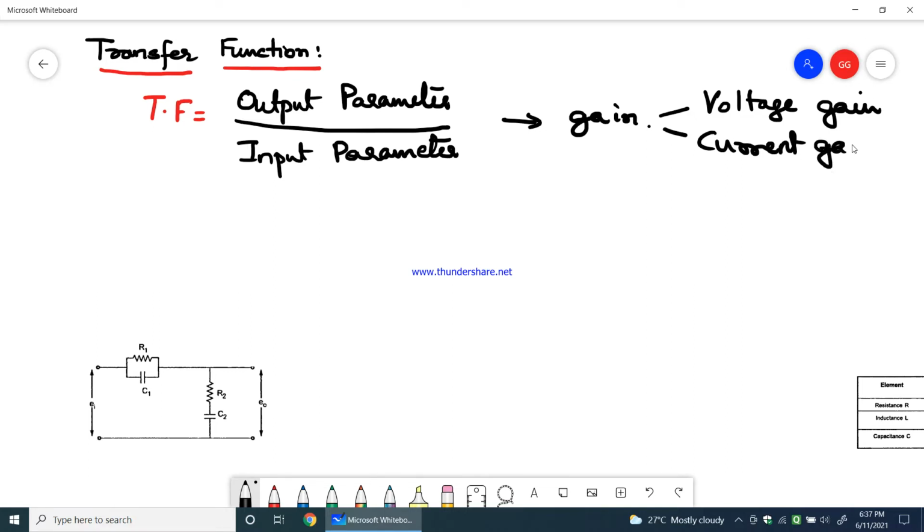Therefore the transfer function gives you the knowledge of the response of the system for any input that we give, and that response is dealt with the voltage gain and current gain. That is the definition of the transfer function.